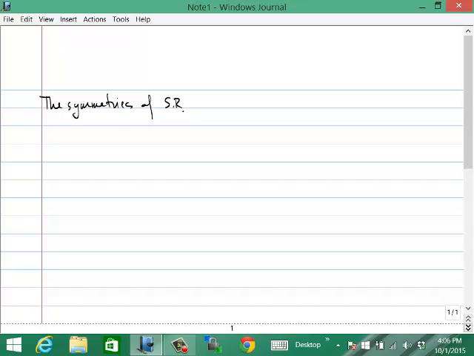So the symmetries of special relativity, as we learned last time, are known as the Poincare symmetries, which can be regarded as changes of coordinates on Minkowski space, or on 3 space and 1 time dimensional space-time.